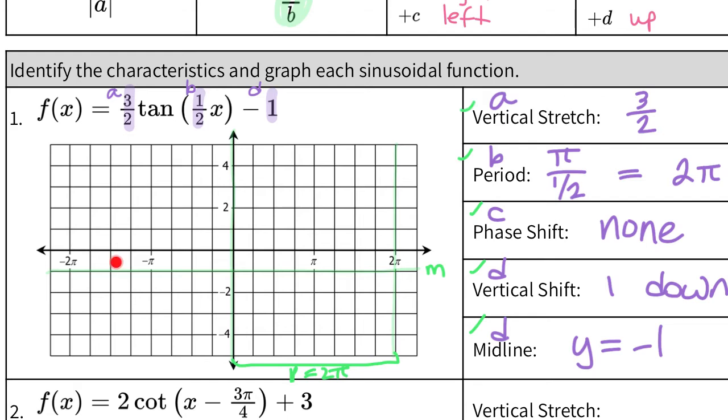So that means that from the midline, our reference points are going to be 3/2 units up and 3/2 units down. Whoops, let me try to draw that a little straighter. 3/2 is the same as 1.5. So I just try to do 1.5 units away.